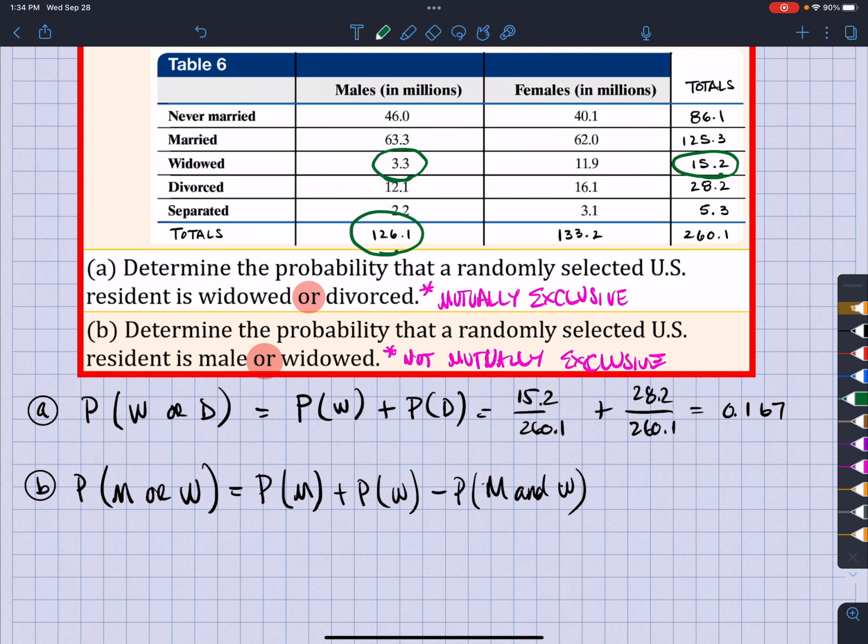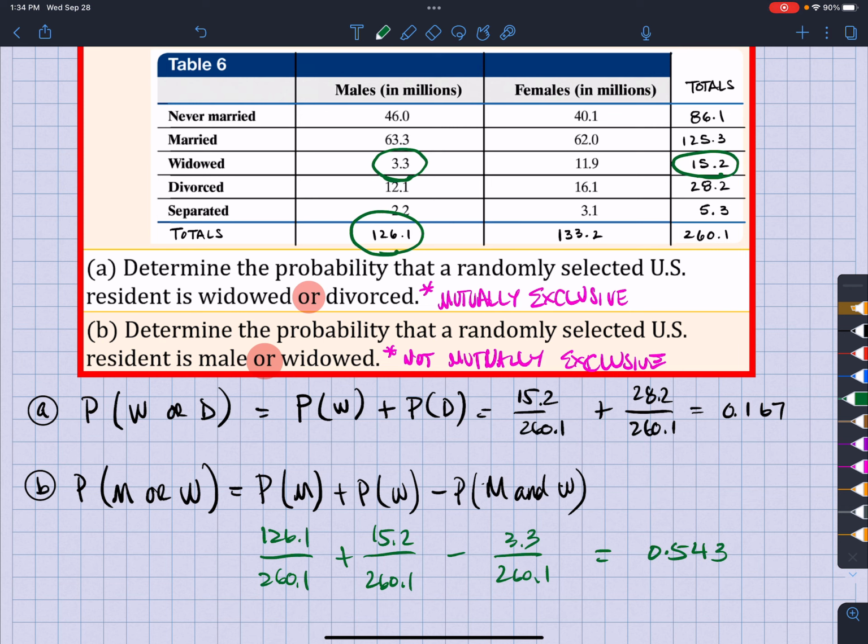So there are my three numbers. Male is 126.1 over 260.1, plus the probability of widowed, 15.2 over 260.1, minus the probability of being male and widowed, 3.3 over 260.1. And that should give me about 0.543.